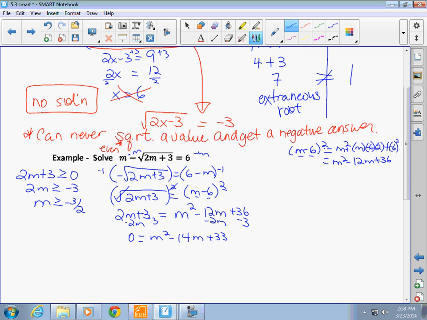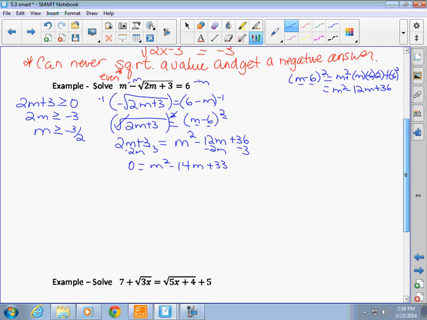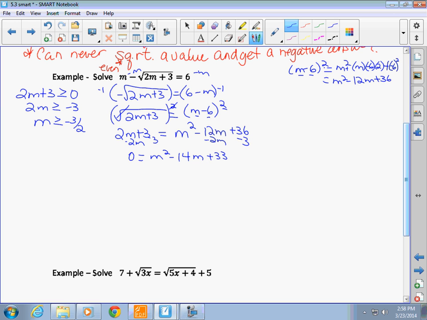This is where last chapter's information comes in, because now I've got a trinomial and I need to solve the equation. I can do my complete the square method, I can use the quadratic formula, or I can just factor using product and sum or slide and divide, whatever would work. This one is easy enough that you could use the quadratic formula or complete the square, but that's going to take way more work.